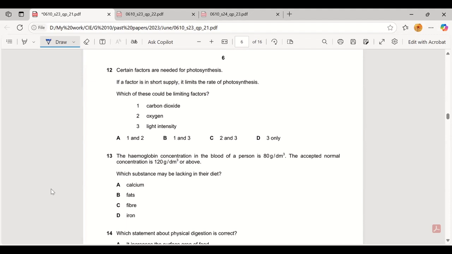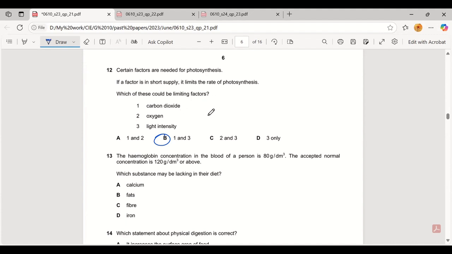Certain factors are needed for photosynthesis. If a factor is in short supply, it limits the rate of photosynthesis. Which of these could be limiting factors? Mariam? Carbon dioxide and light intensity. And light intensity. Okay. Of course, what is the third one, Maryam?